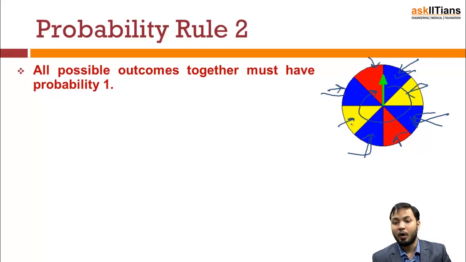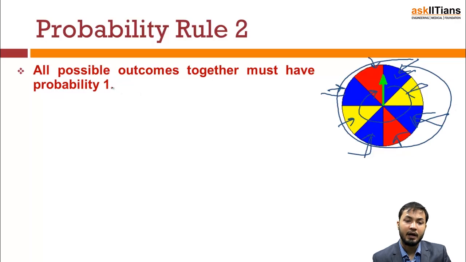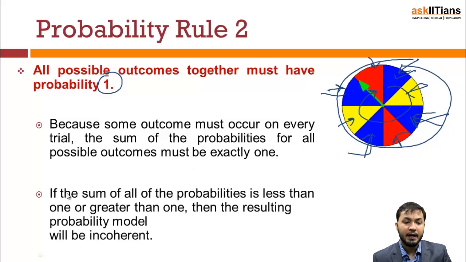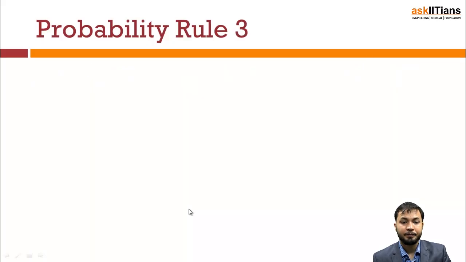But if you add them all, it will give the net as 1. Because some outcome must occur on every trial, the sum of the probabilities for all possible outcomes must be exactly 1. If the sum of all the probabilities is less than or greater than 1, then the resulting probability model will be incoherent. Basically, it will not exist.